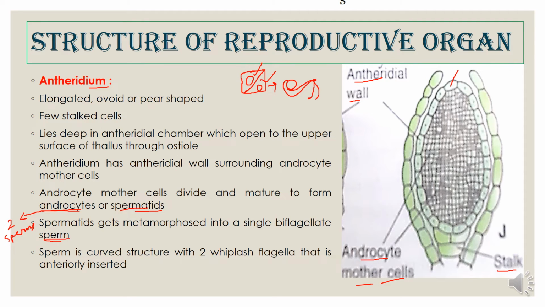So many sperms are produced inside the antheridial wall, and when the androcytes mature, if there is a sufficient amount of water on the dorsal surface, then the top layer of jacket cells gelatinizes and the sperms are liberated. So this is the antheridium structure.